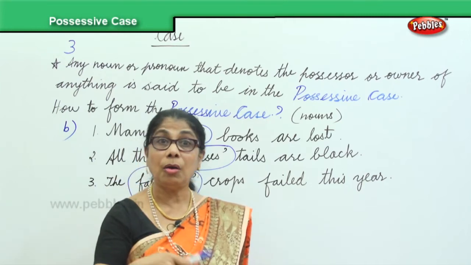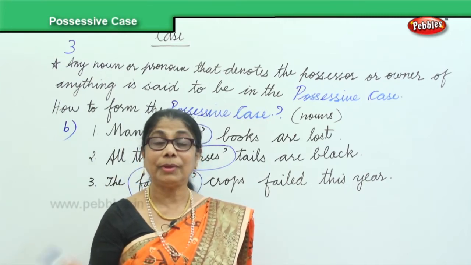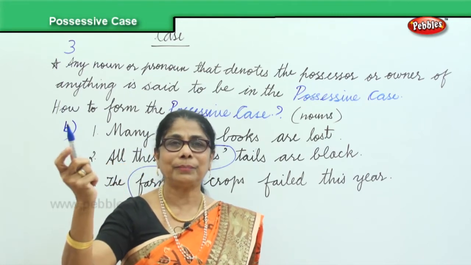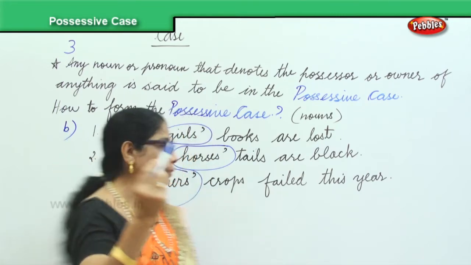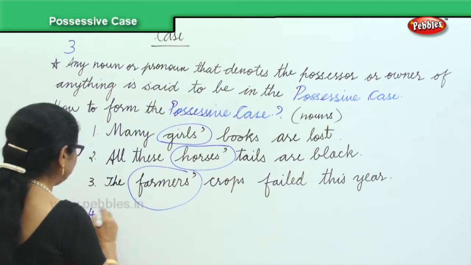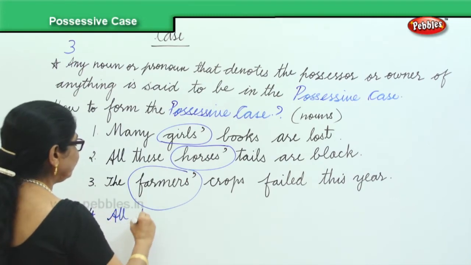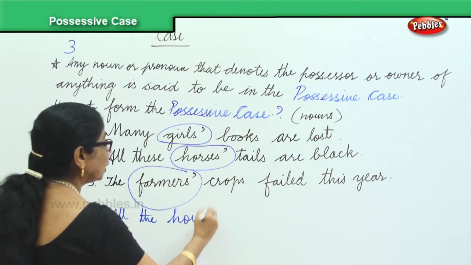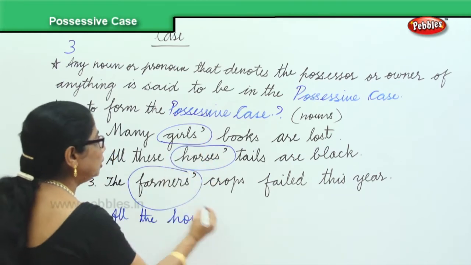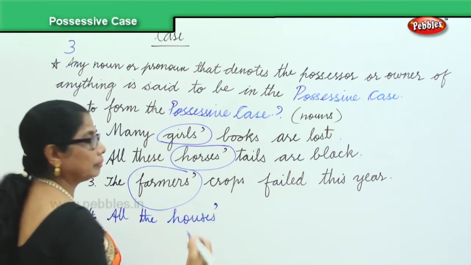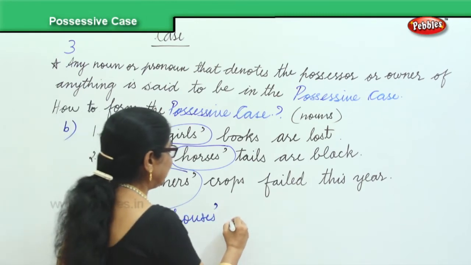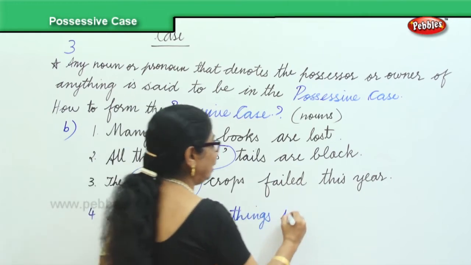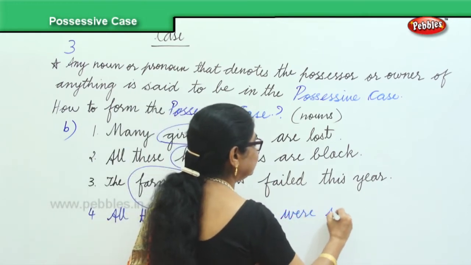Not one child, all the children. All the houses were robbed. So when you say all the houses, things were robbed. Things were stolen.